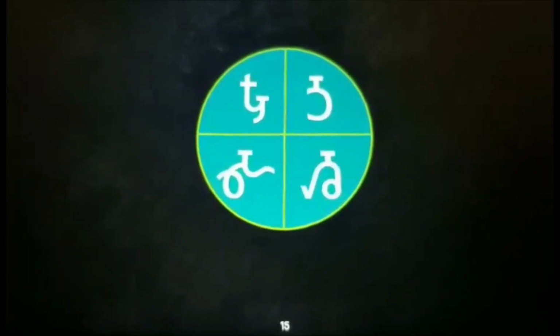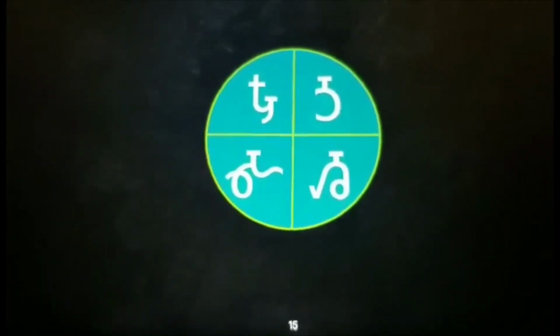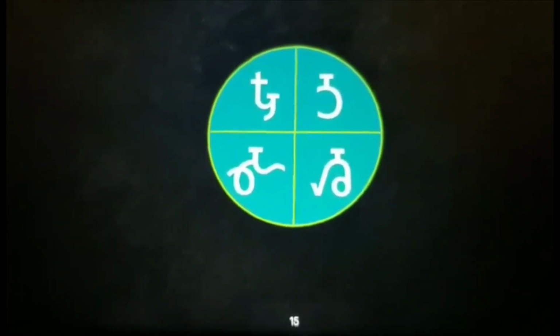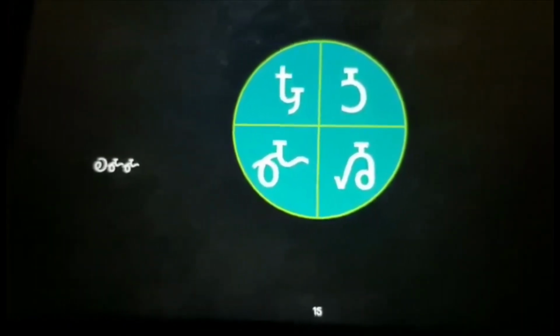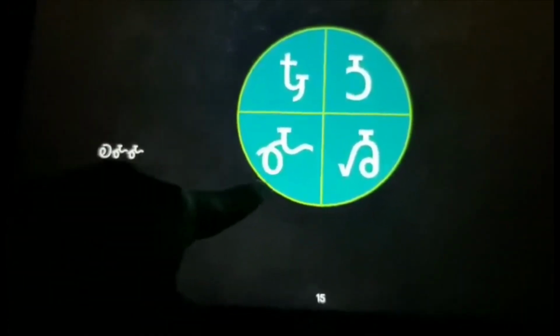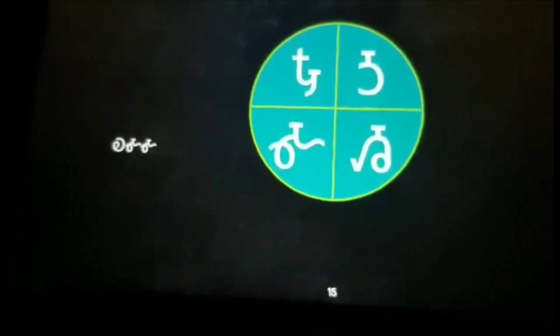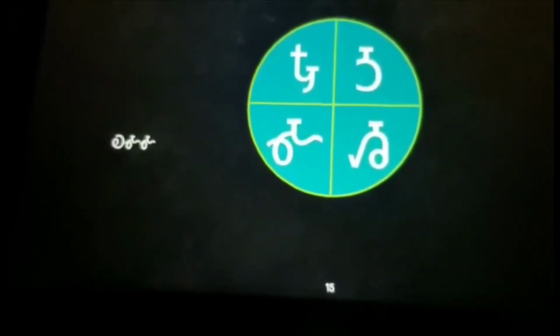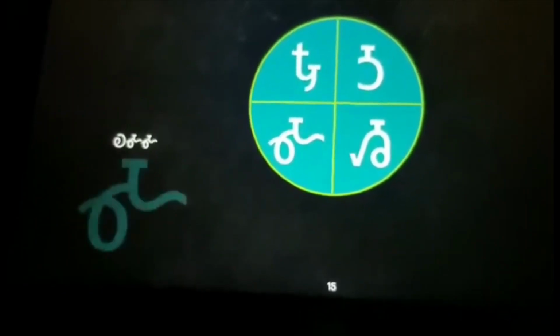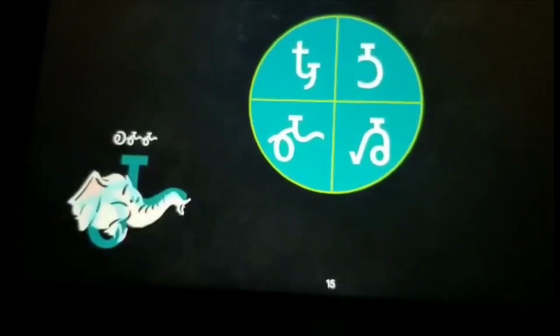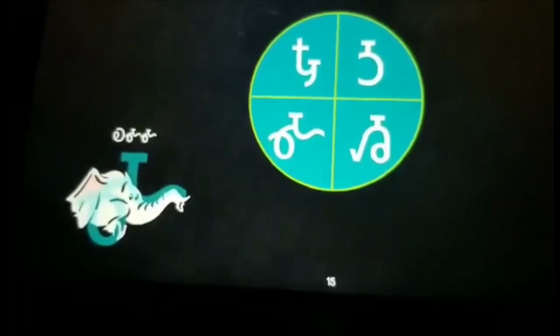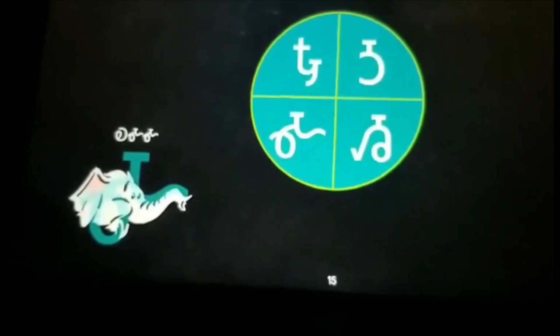For this lesson, we have na, mo, ma, and yi. First, we have ma, this symbol. The one word I think of when I see ma is kamama, which, depending on how you pronounce it, can either be butterfly or elephant. To me, ma kind of reminds me of an elephant ear with its trunk.